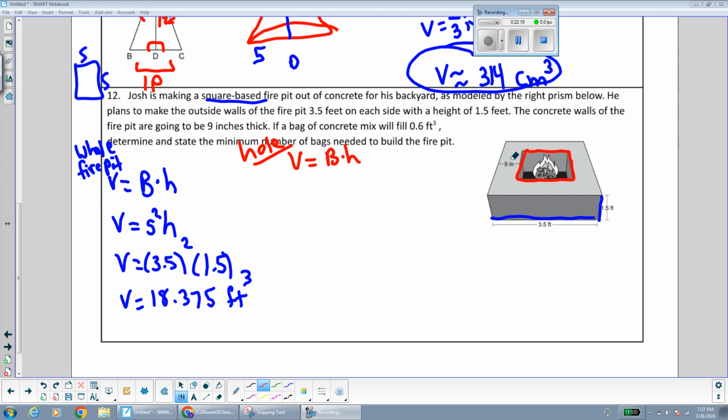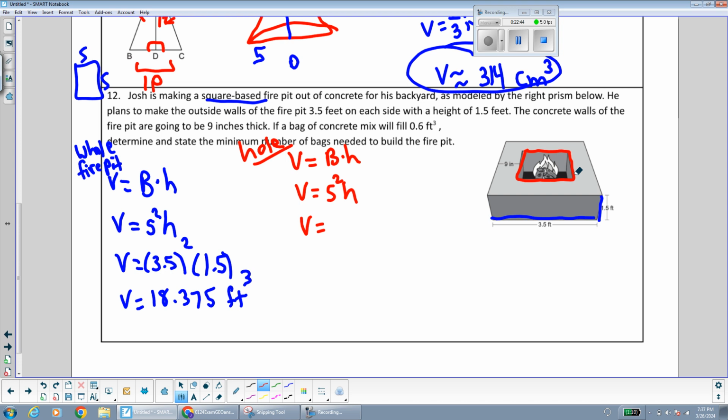So it is the same area formula, side squared, because once again, square. So side times side is how you find the area, times the height of the inside part.